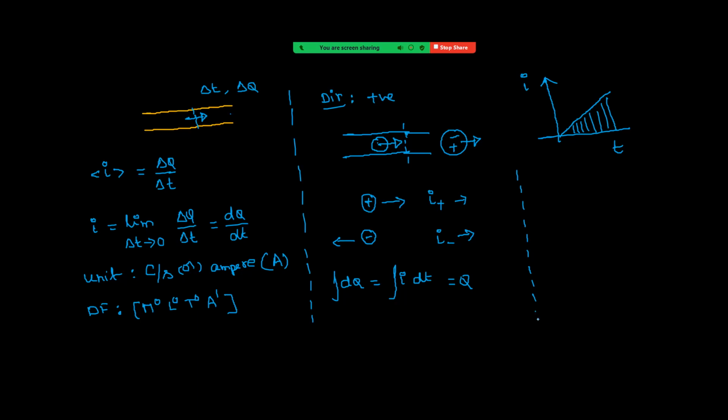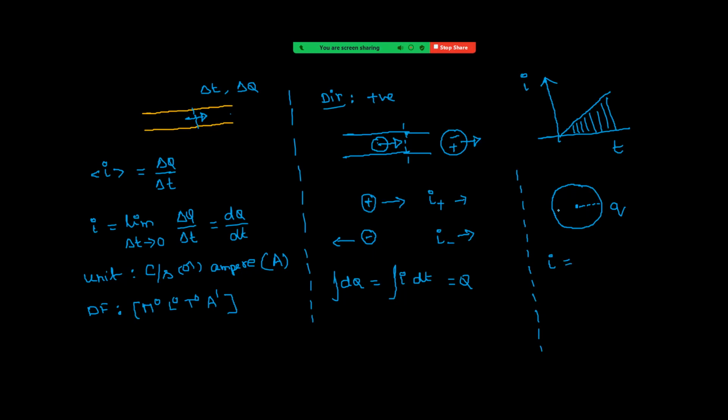Based on this definition, let us take an electron which is revolving in a circular path around the nucleus. Its charge is q, and its speed is constant. We want to calculate the equivalent current.